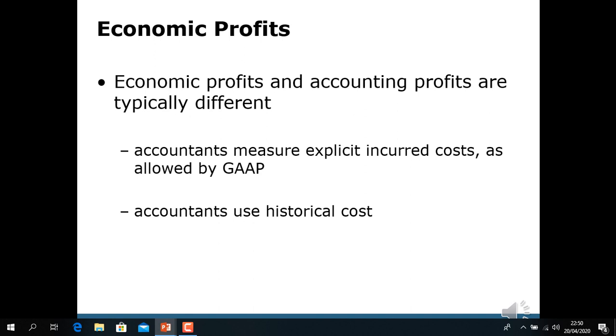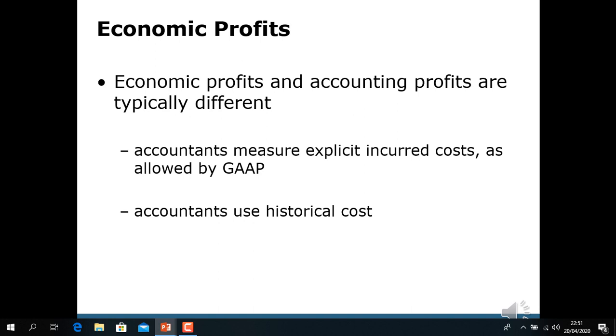And economic profit is the monetary cost and opportunity cost a firm pays and the revenue a firm receives. So we can say that accounting profit is monetary revenue minus total cost. But economic profit is total revenue minus explicit cost plus implicit cost.